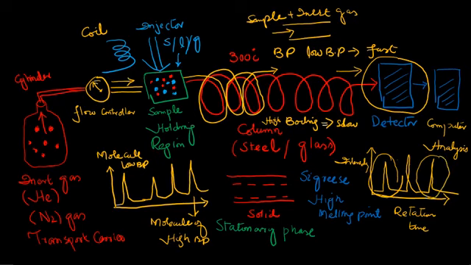So in this way, we receive information in the detector, and the detector then transports the information to the computer analysis system, and on the basis of that we get a graph between retention time and the intensity of the molecules present in a known or unknown sample.